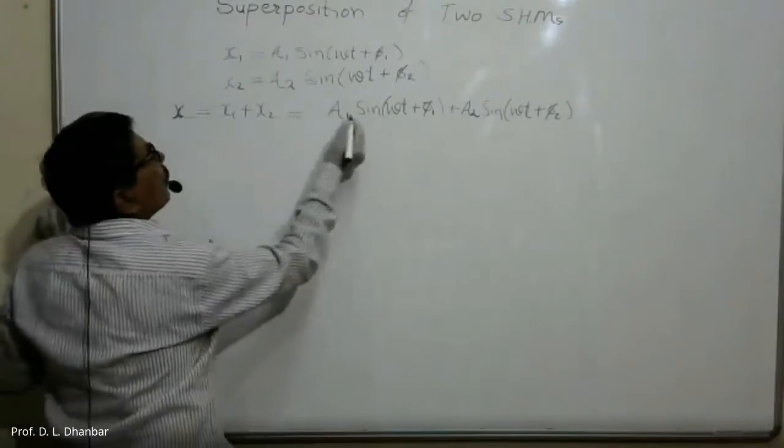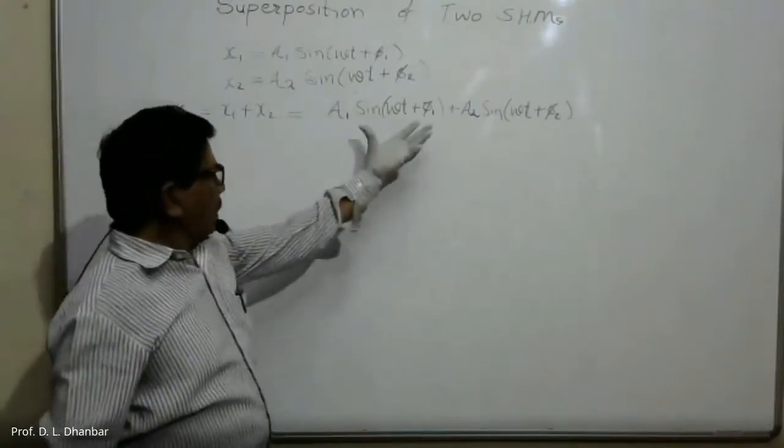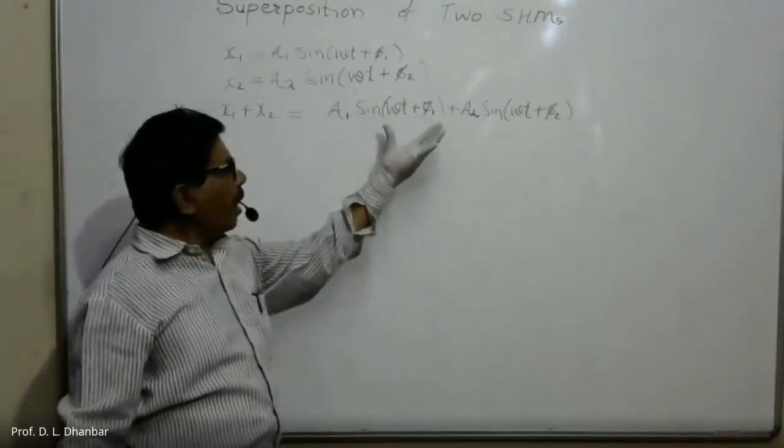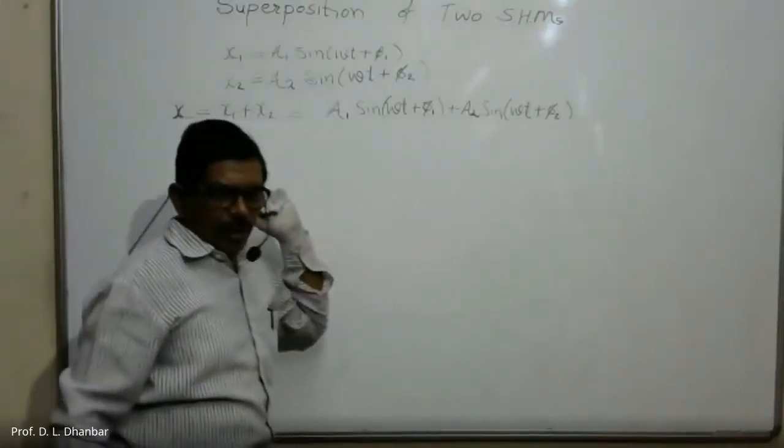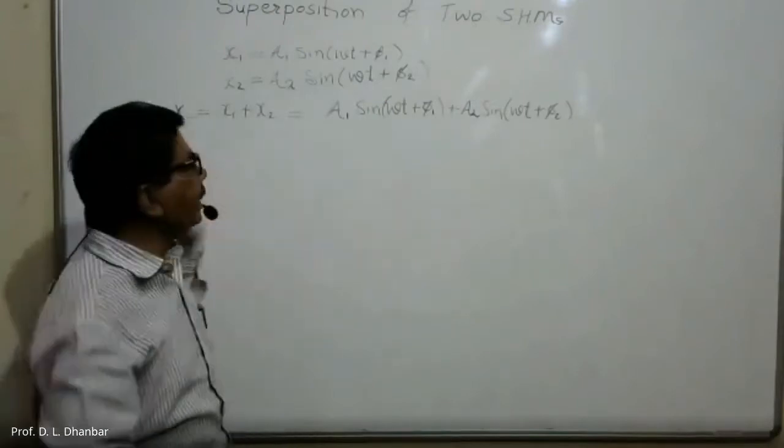Now we can expand this equation. We can expand this sine of omega t plus phi 1 and sine of omega t plus phi 2 using the trigonometric identity.